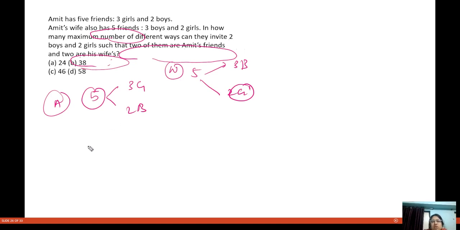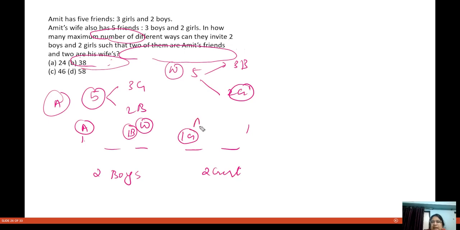So see what we can do. We have two boys to invite and two girls to invite. So what we can do, either we can invite one boy from Amit and one boy from his wife, and one girl from Amit and one girl from his wife's friends.